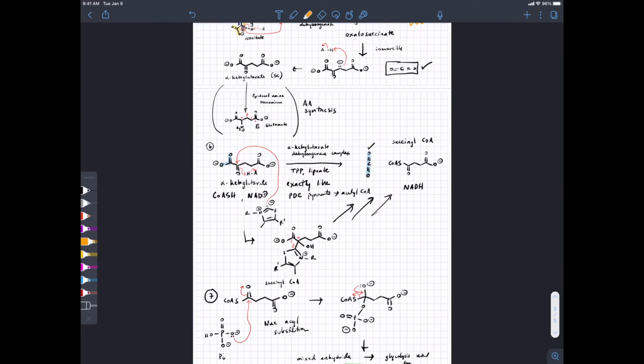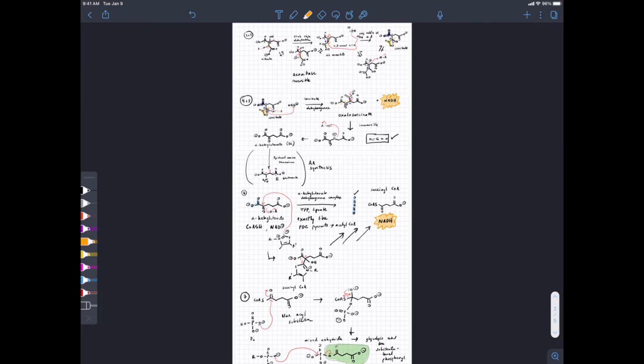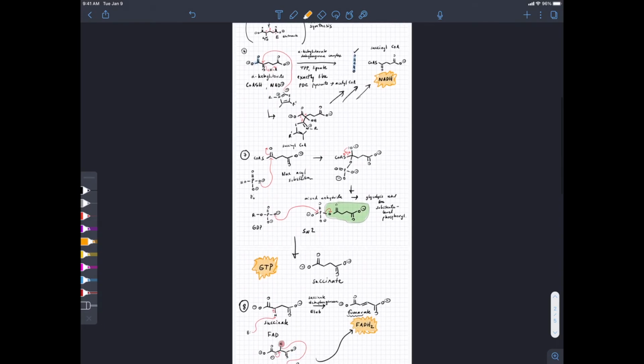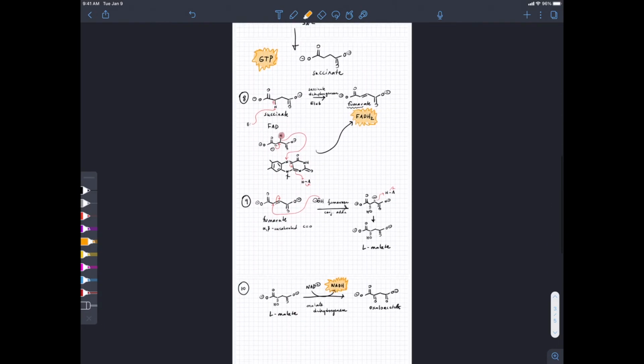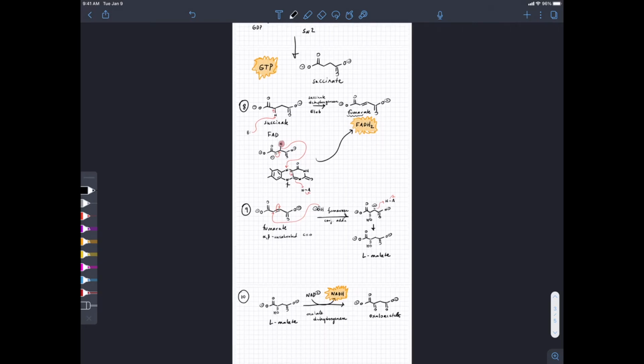Surprise, another one. They're hiding all over the place. Okay, so if we zoom out, I'm counting 1, 2, 3 molecules of NADH, 1 of FADH2, and 1 GTP. Is that right?